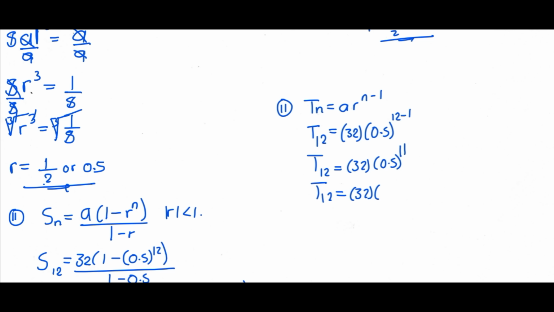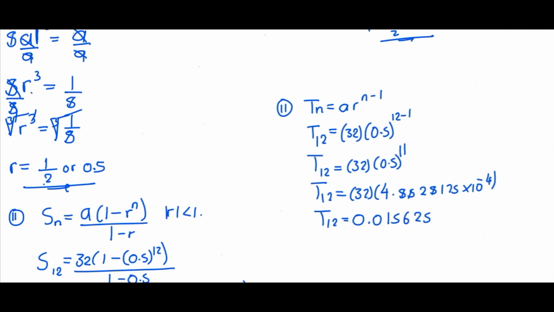So this is 4.8828125 times 10 to the power negative 4. Then the same number times 32, I'm getting 0.015625.